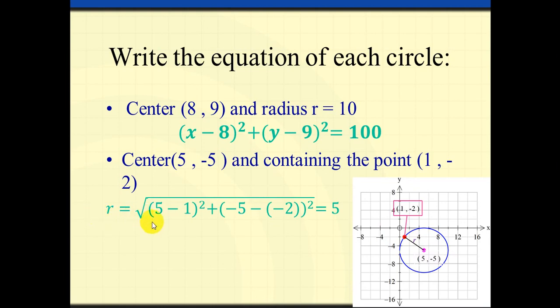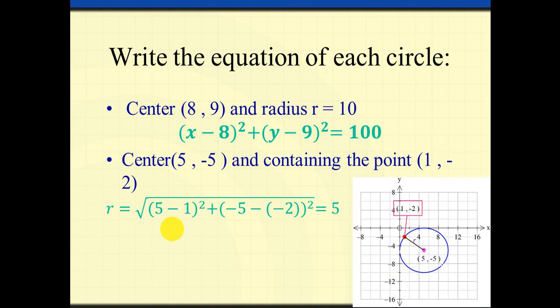By using the distance formula, r equals the square root of (5 − 1)² + (−5 − (−2))², that equals 5.